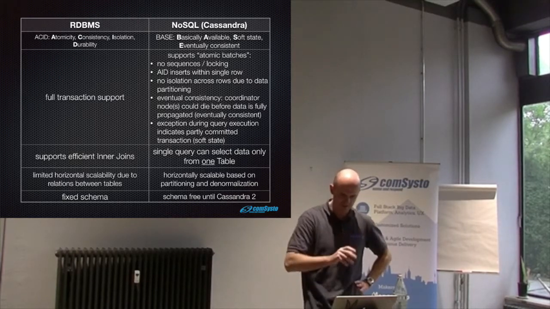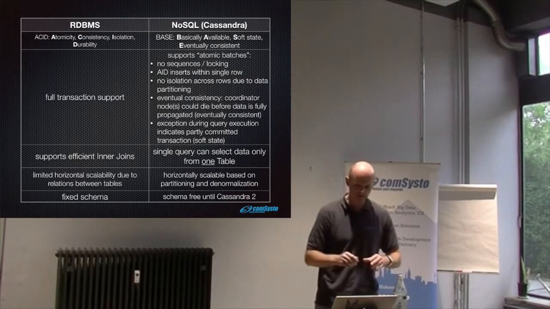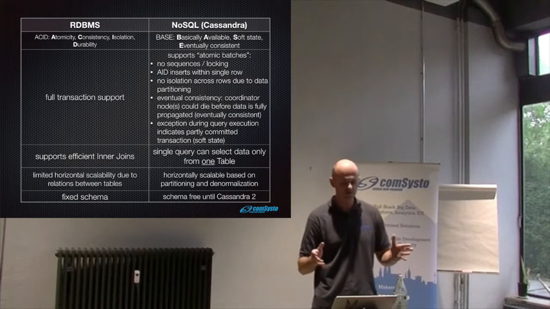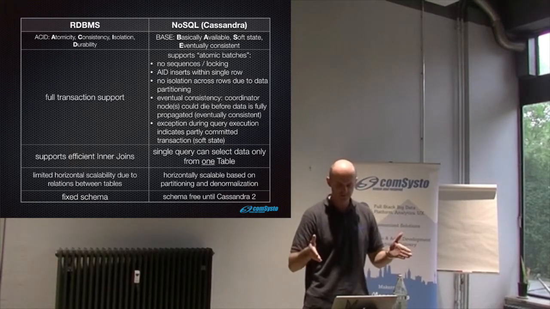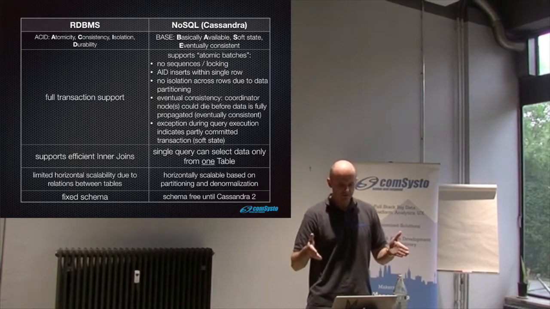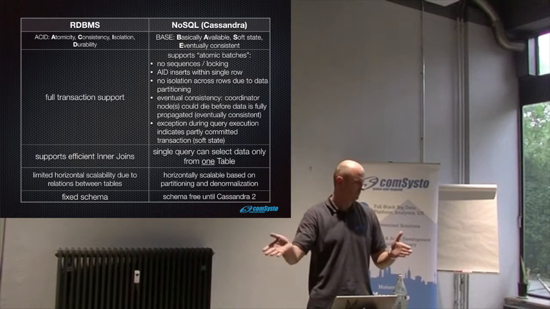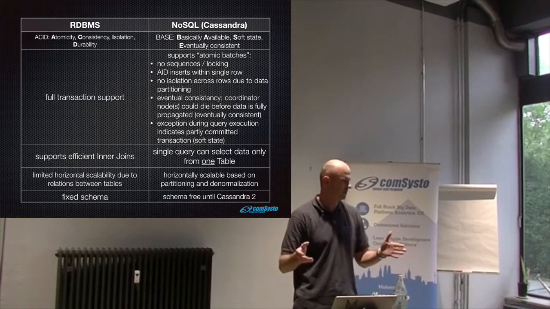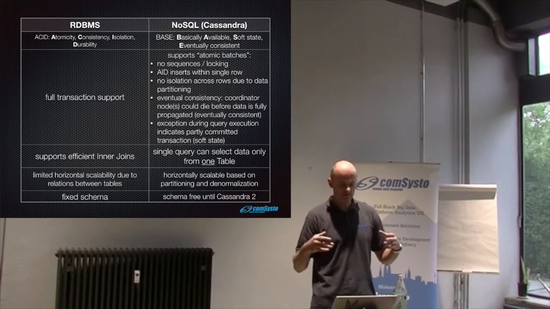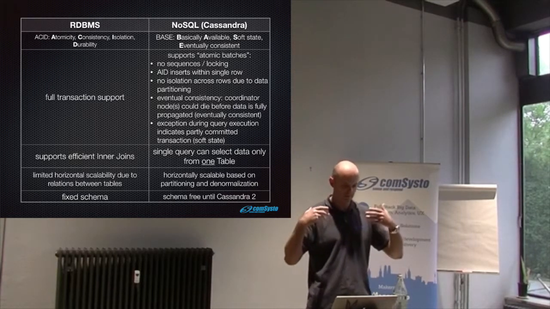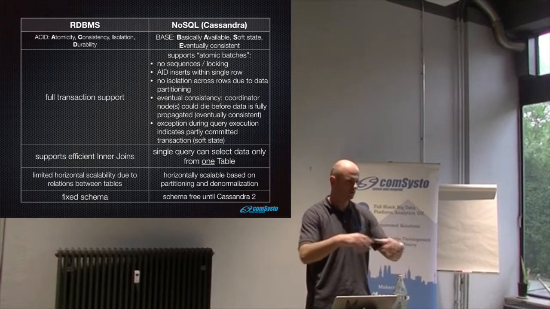So I would like to explain quickly how the atomic batch is working. Let's imagine that you are going to insert 10 records into Cassandra, right? Within one single batch. There's a high probability that those 10 records will be stored on different hosts because it's a distributed database. So what Cassandra does, once you execute this batch, it will create a commit log on the coordinator node.